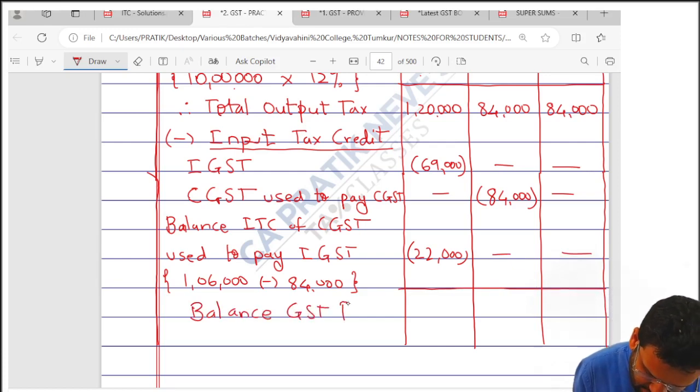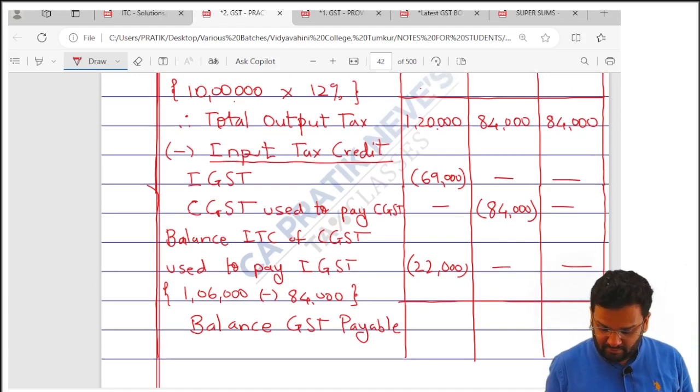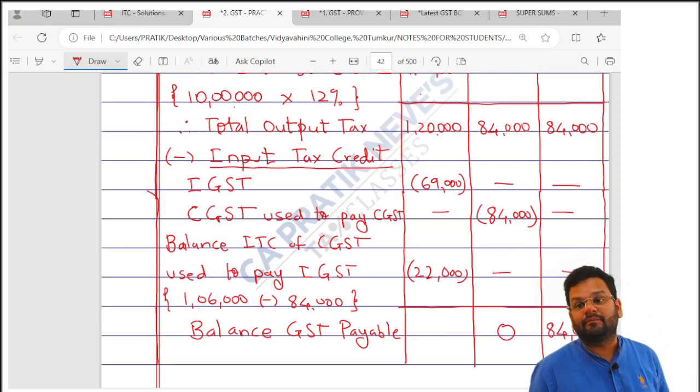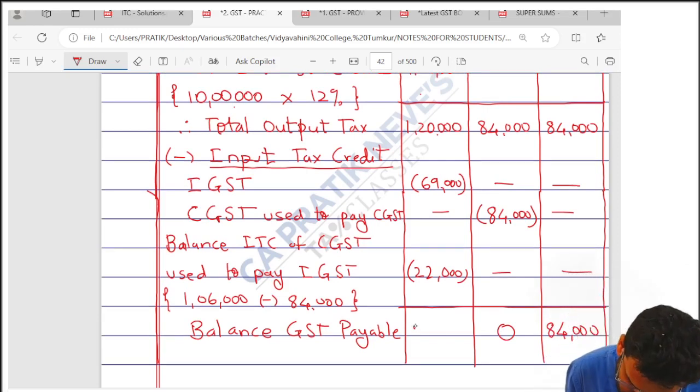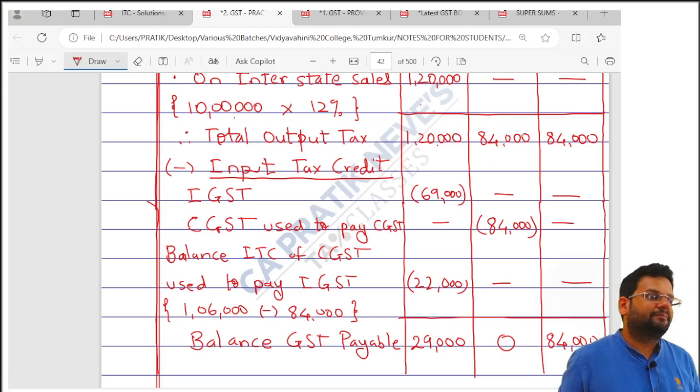Now at this point, can I take balance GST payable? Please tell me of IGST. How much? Sure.